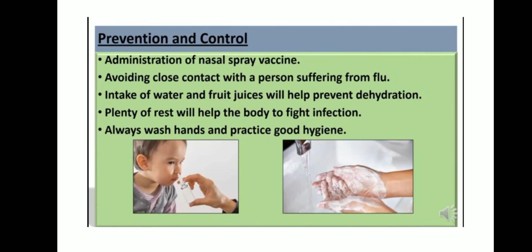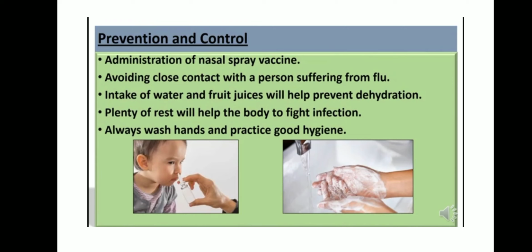How can we prevent this? How can we protect ourselves from this disease? Administration of nasal spray vaccine. Vaccines can protect you from this kind of disease. A vaccine is available for swine flu. Avoid close contact with a person suffering from flu.